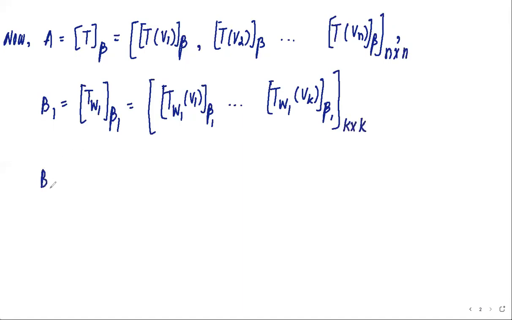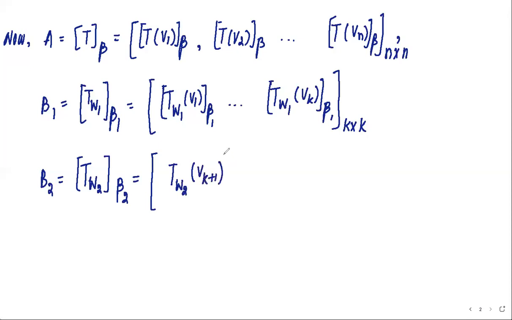And similarly, B2, which is the matrix of the linear operator T_W2 relative to the basis beta 2, has its columns defined in this way. The first column is T_W2(v_{k+1}) relative to the basis beta 2.